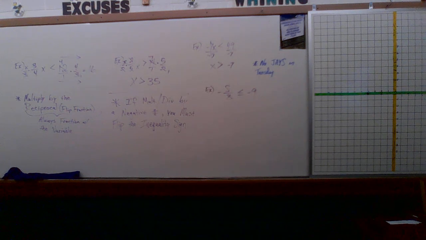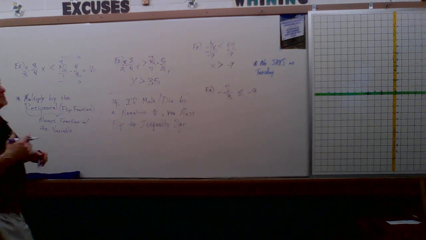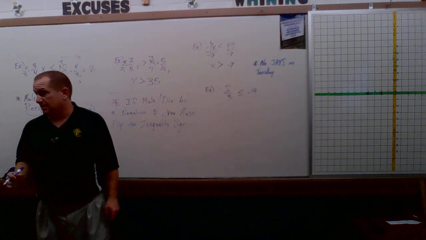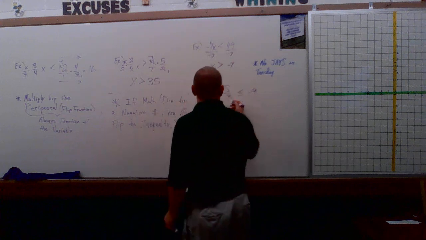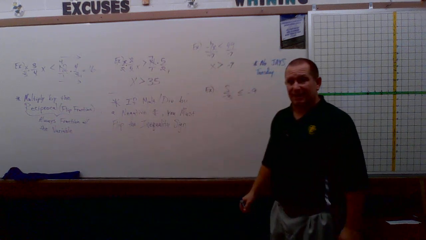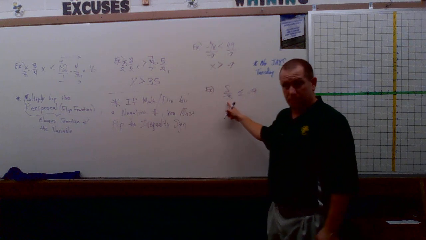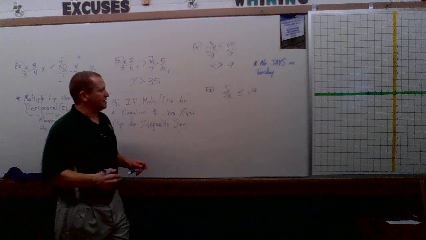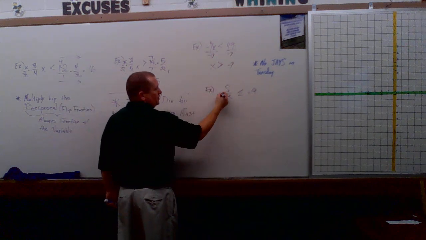I would always put my negative either on the top or the bottom. It doesn't really matter here, but if I have a choice, I'm going to put the negative symbol with the number.